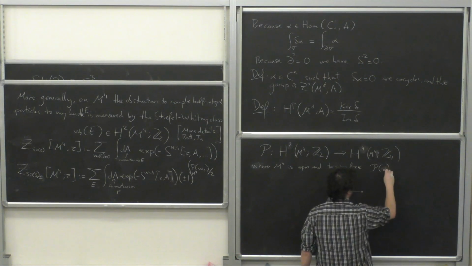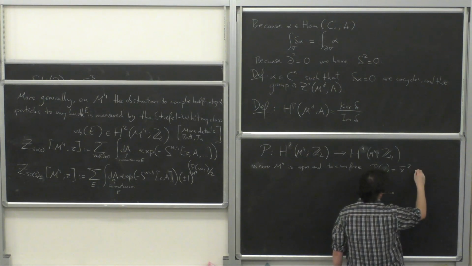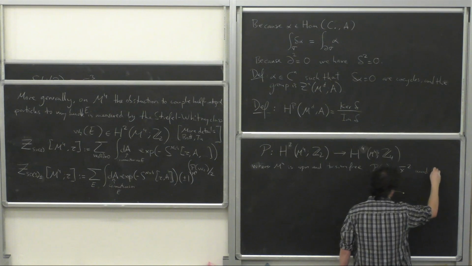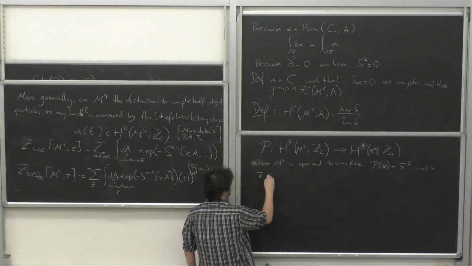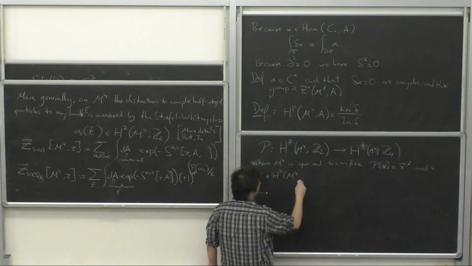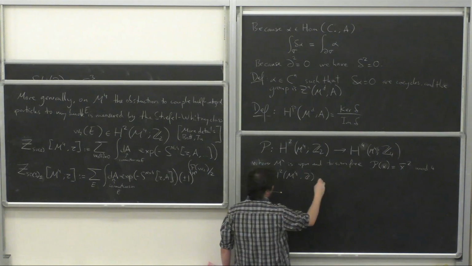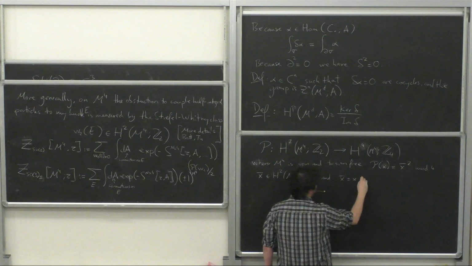Pontryagin of X is X bar squared mod 4, where X bar belongs to H2 of M4 with coefficients in Z, and X bar is equal to X mod 2.